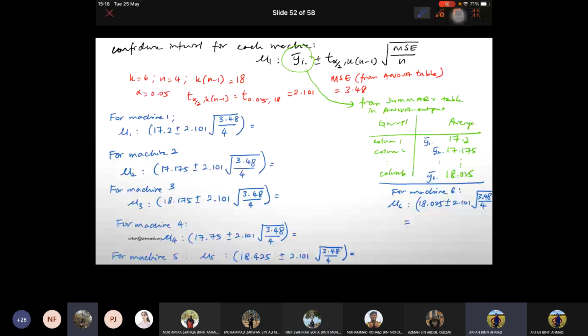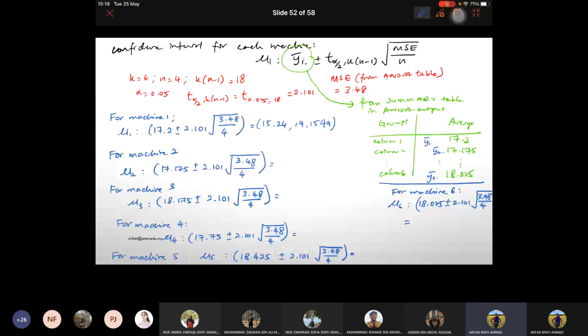Ya, kau check balik. 15.24 dan juga 19.159. Okay. Dia tak ada negatif, sebab 17.2 tolak 2.101 darabkan square root 3.48. Meaning that you solve the first one on the right side. 2.101 tu darabkan dengan square root the whole thing.